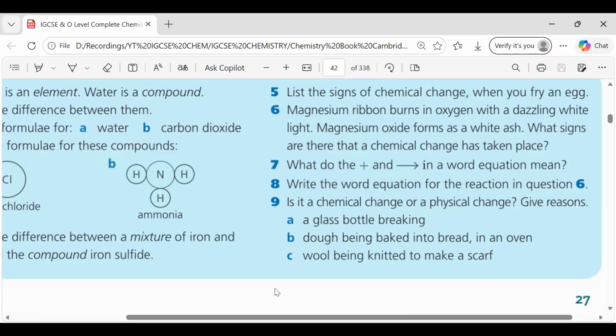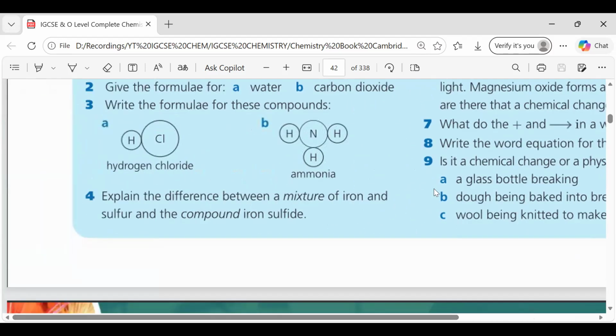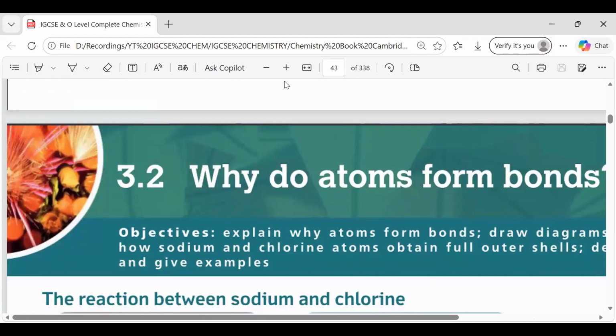They have mentioned that you are doing this in an oven, so you are providing heat energy. Then wool being knitted to make a scarf: physical change. There is no chemical bond formed and you can reverse this, right? You can unwool this scarf.